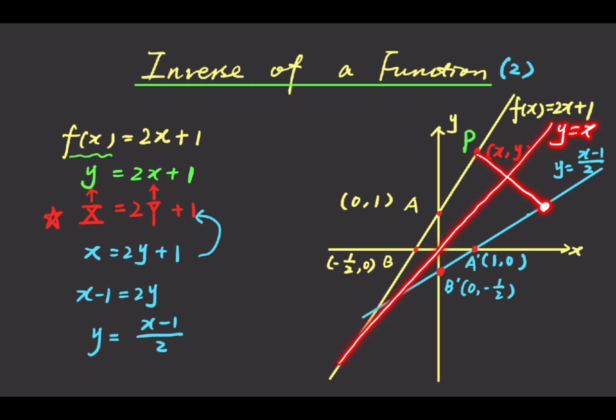That is to say, the x coordinate and y coordinate should be reversed for this point P prime. So here, we use x to replace y. We use y to replace x.